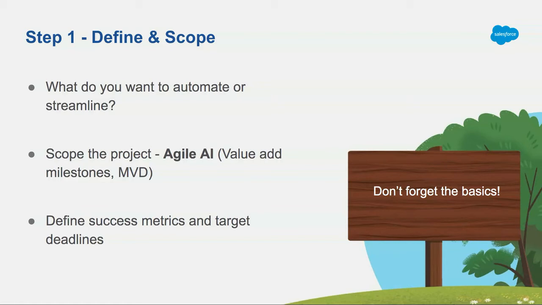When you're defining success metrics, also make sure to be realistic. Sometimes I hear customers saying, we want 100% accuracy. Depending on your use case, that's often not realistic. Even humans in some of these use cases are not getting 100% accuracy.